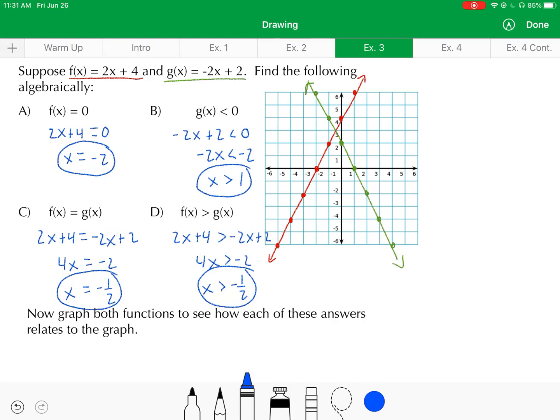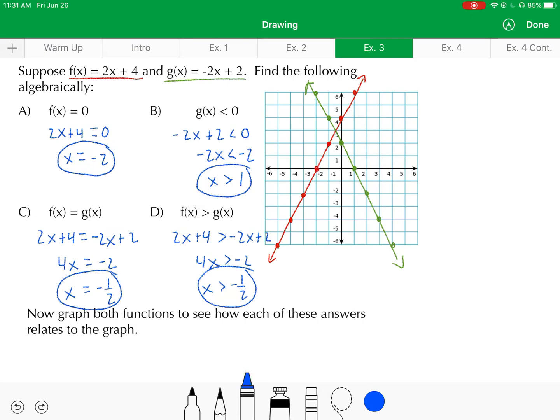And saying that f of x equals 0 means you're looking for a point on the line for f of x whose y coordinate is 0. So even without knowing the equation for f, if you had the graph of the line, you would just be focusing on that point right there. It has an x coordinate of -2 to match, okay?